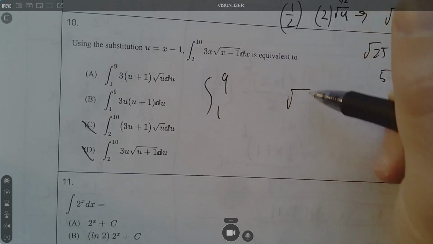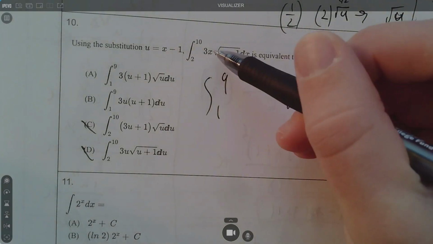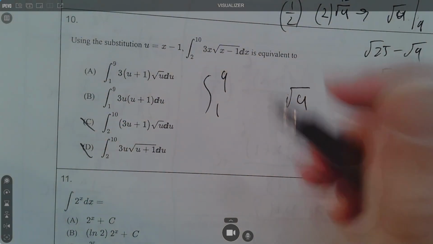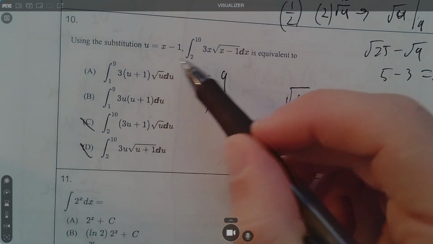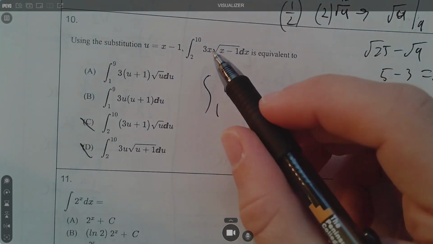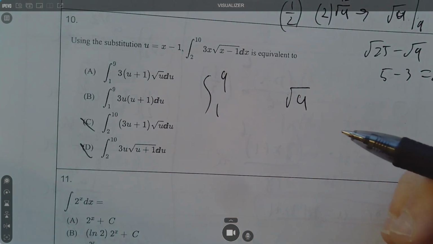e root u over here, but then we want to rewrite that 3x in terms of u. So if your u is x minus 1 and that's an x, think about this. We want to write that in terms of u. So x equals u minus 1. Look at that.